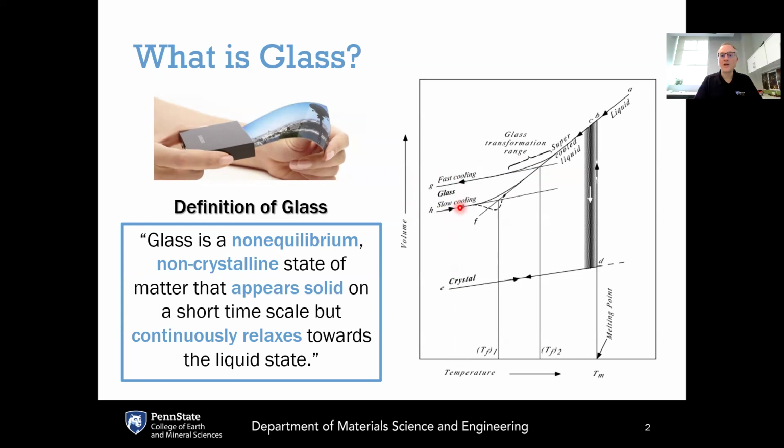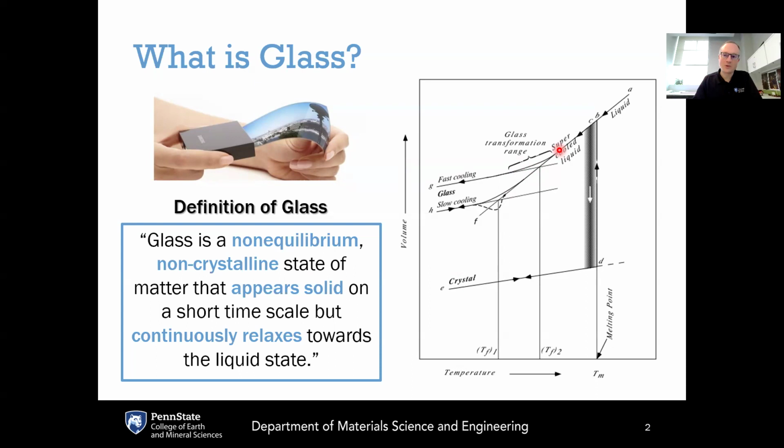Why is that? If we go back to where the glass comes from, in both cases, the fast-cooled glass and the slow-cooled glass come by the supercooled liquid undergoing a glass transition. In the case of the fast-cooled glass, if you take your supercooled liquid here and you quench it very rapidly, meaning that you lower the temperature of the supercooled liquid very rapidly, you're giving the system less time to stay in its metastable equilibrium.